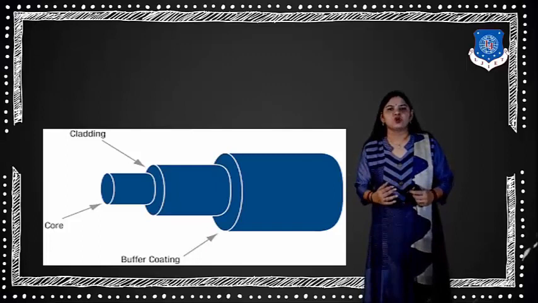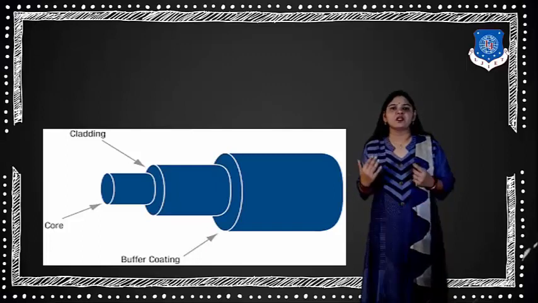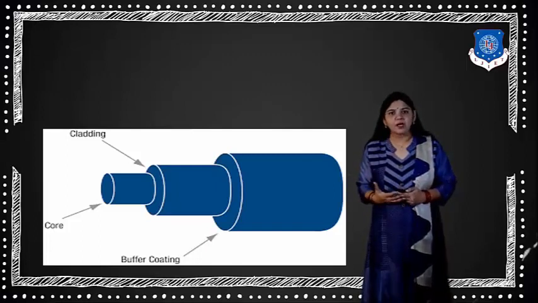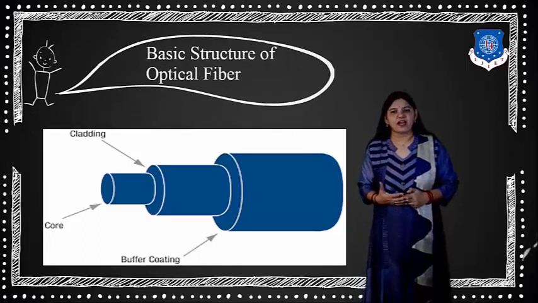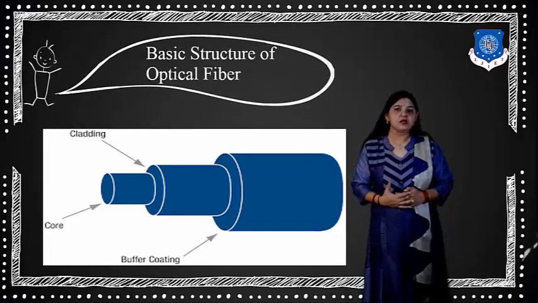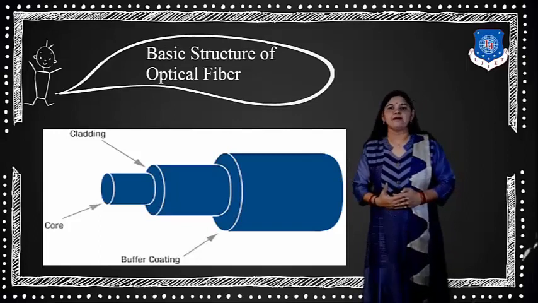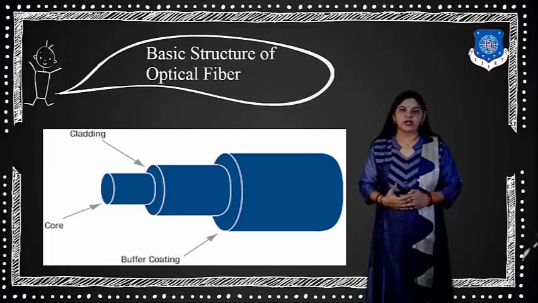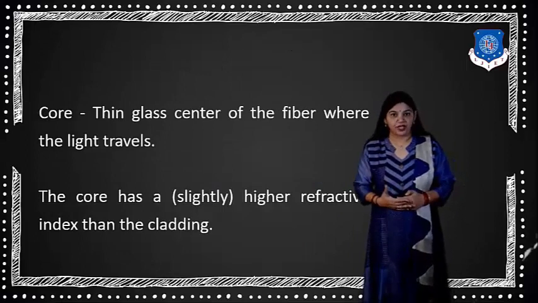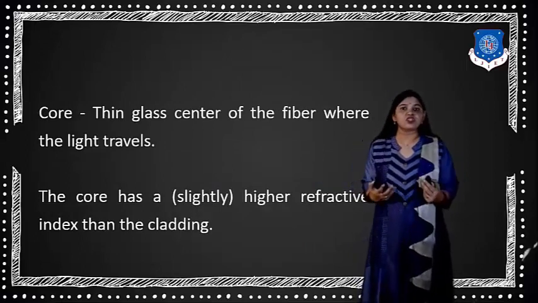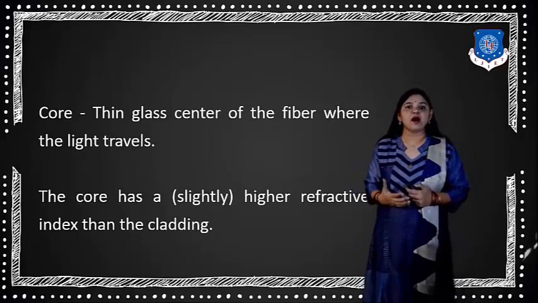So there are three main parts in the basic structure: core, cladding, and the outer jacket, also known as the buffer coating. Now what is the function of each of these parts?